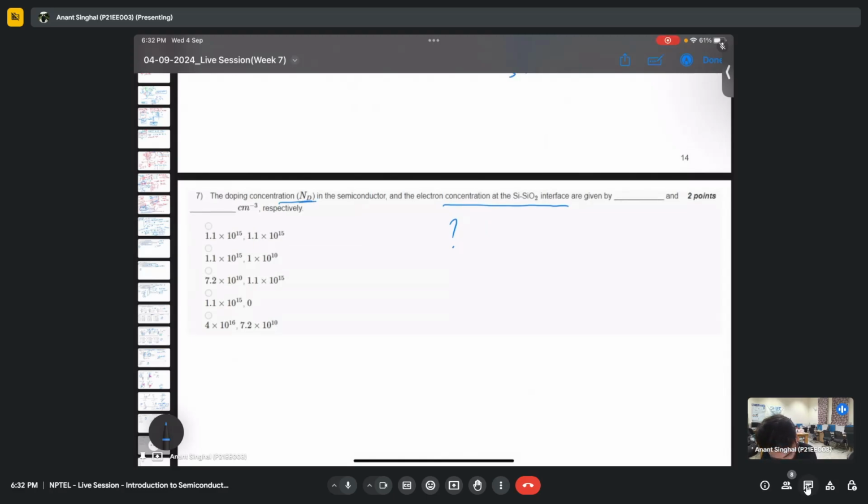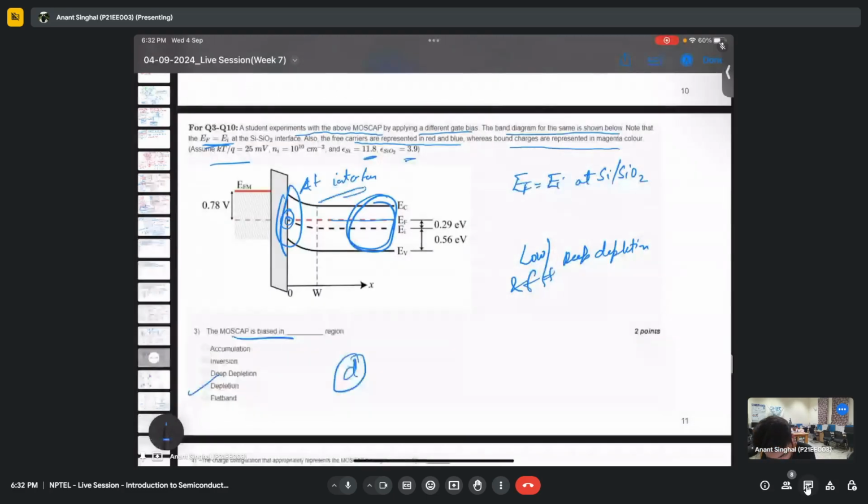So we need to calculate ND and the electron concentration at the Si-SiO2 interface. First of all, at the interface, what we know is EF is equal to EI, right? So what will be the electron concentration? It will be the same as the intrinsic concentration, not the dopant concentration.